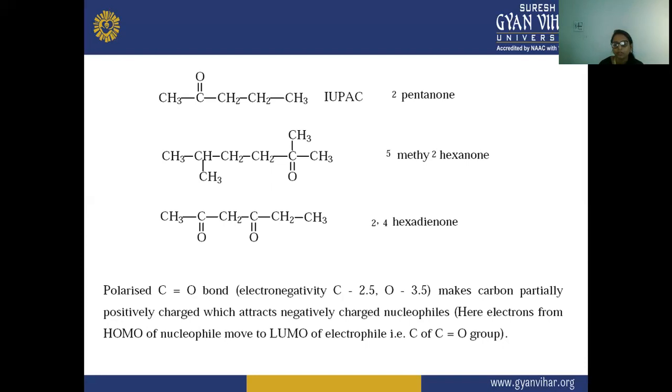This partially positive carbon attracts the negatively charged nucleophile, and the electrons from the HOMO of the nucleophile move to the LUMO of the electrophile. So the nucleophiles are moving towards the carbon of the C=O group.